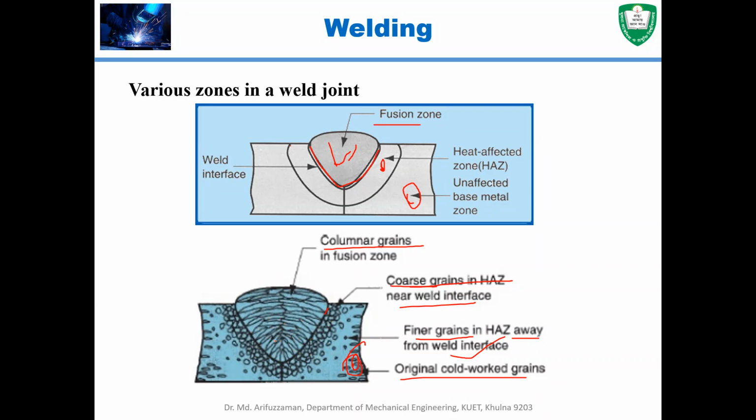It's because heat treatment is done in this location, and because of these columnar interlocking grains. That is why the welded zone is much stronger. If there is any failure in the welding, then that mostly occurs in the interface between the heat affected zone and the base metal. This is the prominent region for failure of the welded structure.